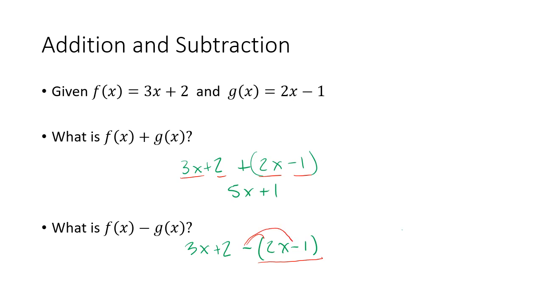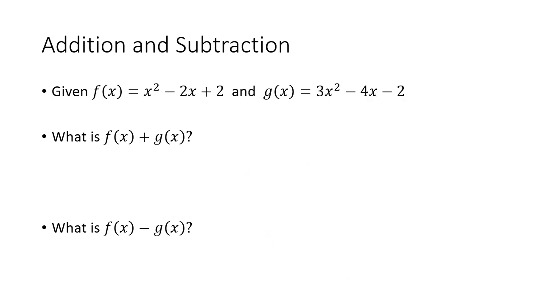So we can start right away by rewriting this as 3x plus 2, and then minus the 2x, and that's minus a negative 1, so it's plus 1. Now if we combine like terms, the 3x and the negative 2x is just x, and the positive 2 plus 1 is just 3, so that's x plus 3.